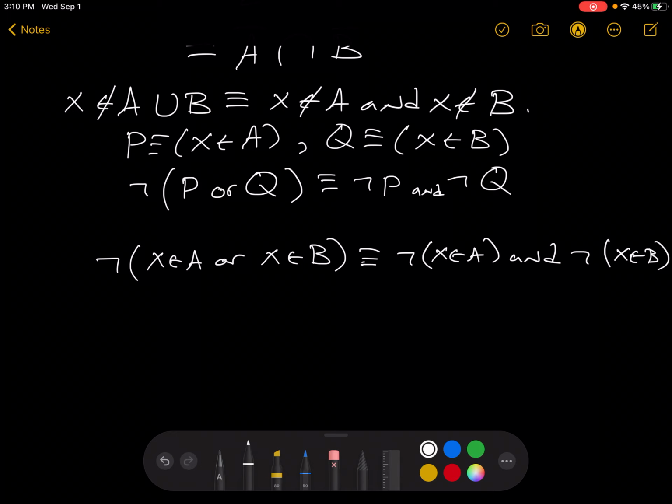Okay, so now we just derived that this is true. And that's really only taking De Morgan's law here and saying what exactly P and Q are. P is X is in A, Q is X is in B.